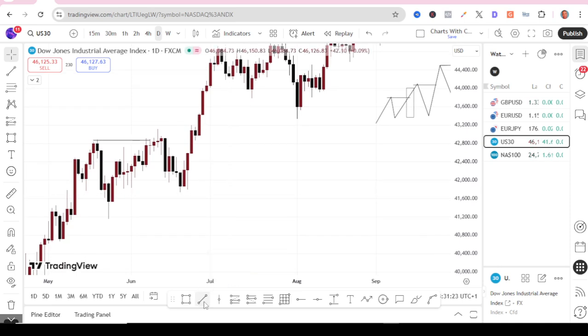Then this is where we had a break of structure from here. Basically it's supposed to be this, right? But as you can see from here, this is also not a break of structure, because if we take this section out, this is not a break of structure.